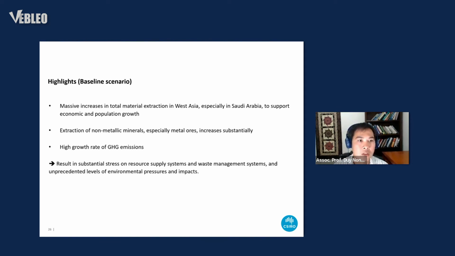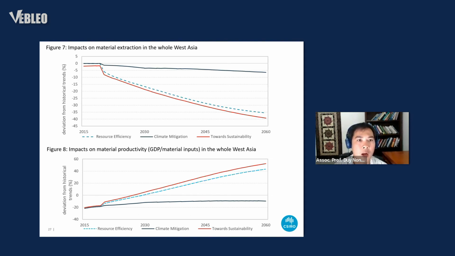That's why in this study we introduce the resource efficiency policy and climate mitigation policy, and also combine the two of them to make the sustainability scenario. In this figure, I would like to show you the impact on material extraction in the whole of West Asia at an aggregate level.